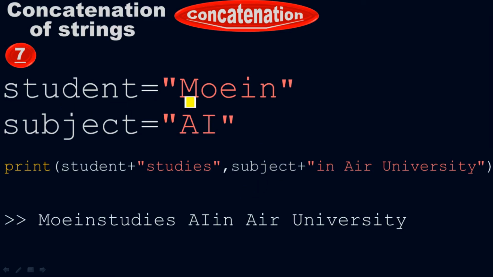Student, its value is Moein inside the quotes. Subject, its value is AI, artificial intelligence, inside the quotes. So when I apply the print function, print of student plus, this plus means to concatenate student with studies inside the quotes, comma, subject plus, which means concatenate subject with in AI University inside the quotes.